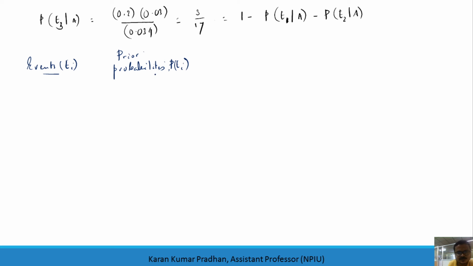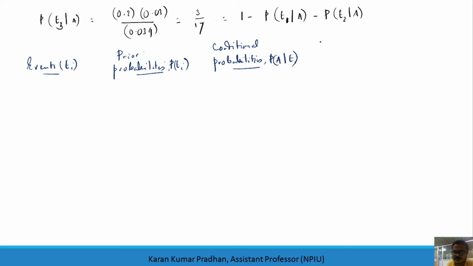The probability of Ei, then your conditional probabilities, the probability of A given Ei, right?